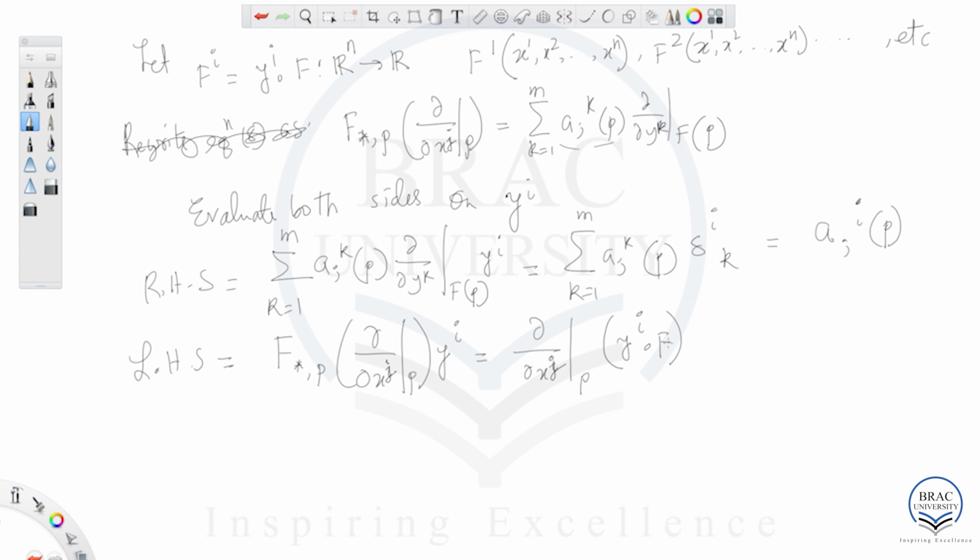Now this is nothing but, using the definition of these component functions, del f^i by del x j at p.